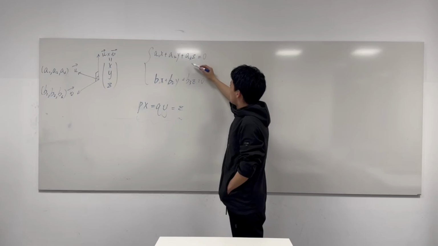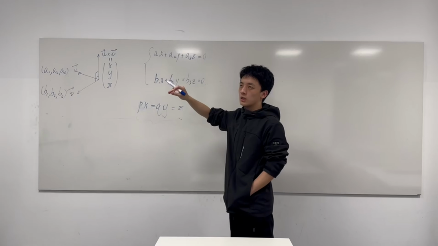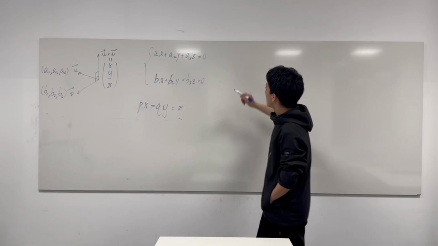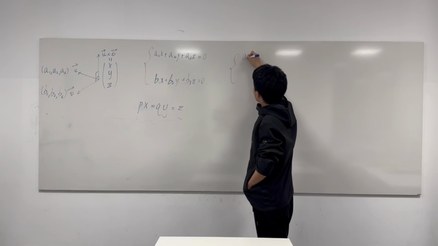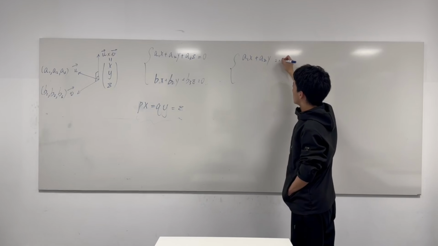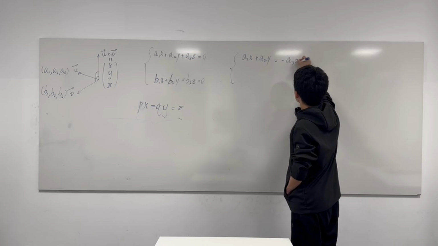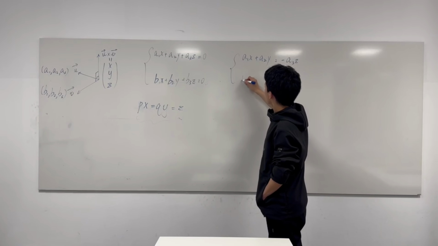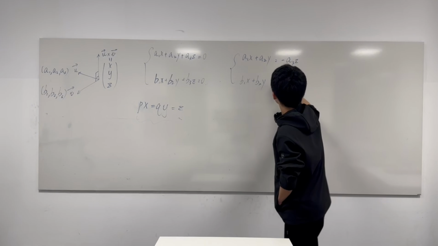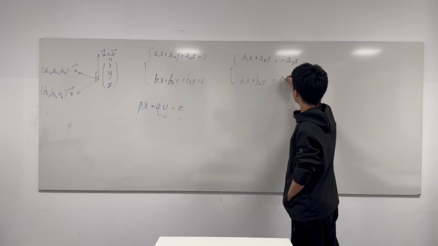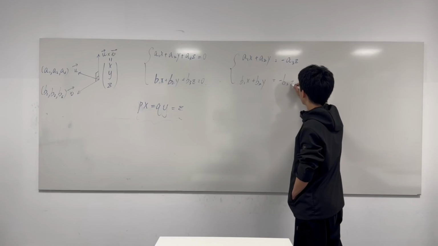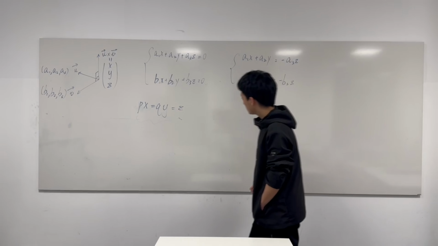We can treat z as a constant, and then we'll get a1x plus a2y equals negative a3z, and b1x plus b2y equals negative b3z, like that.